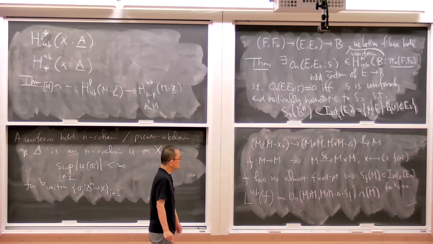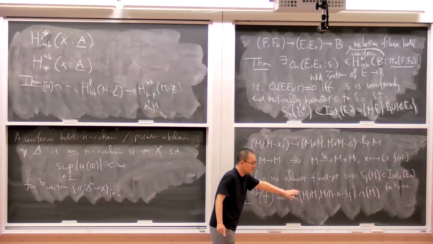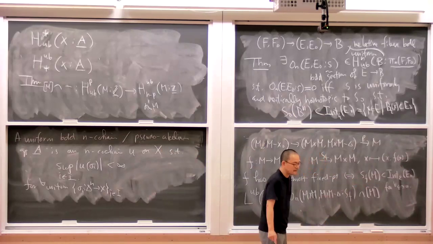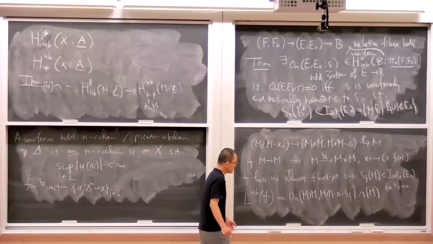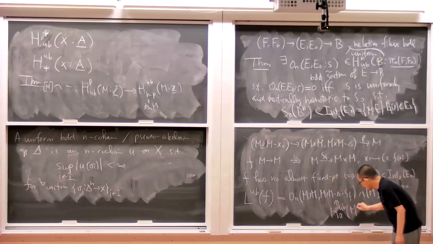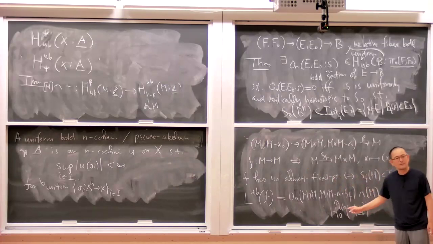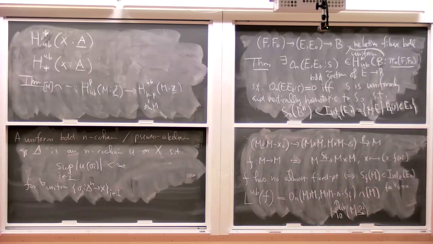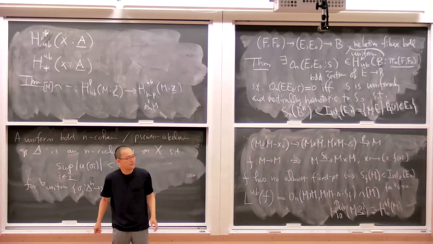And if this obstruction class is 0, this holds. But now this is actually an element of the 0th uniform bounded homology. We can prove that this is isomorphic to uniformly finite homology introduced by Block and Weinberger. Okay. So that's the proof of the main theorem.